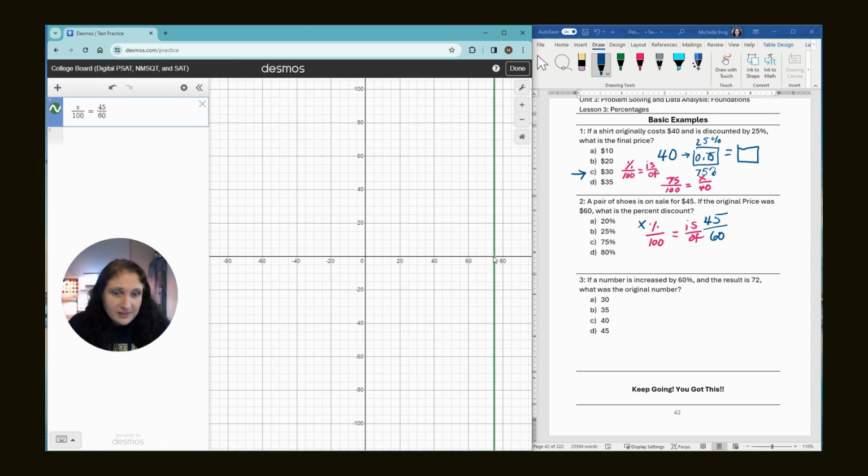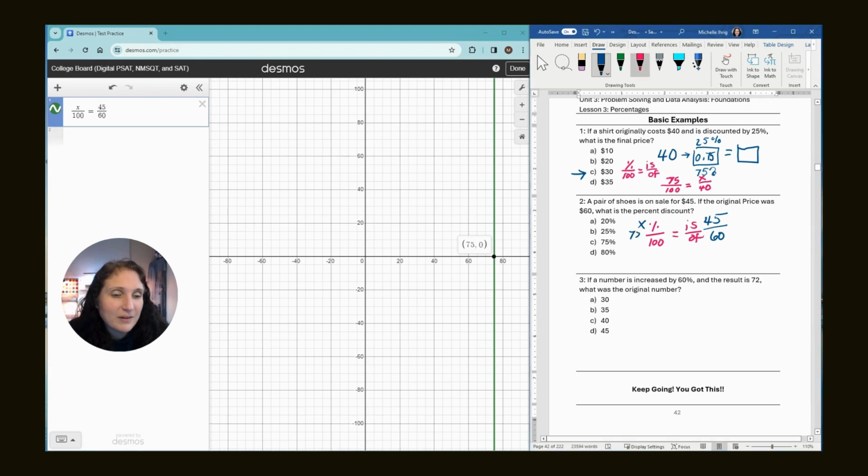There we go. 75. Ooh. Nope. Guess what we did? 75% is how much they paid for it. So they paid 75%. So what was the discount? 25%. That was the percent discount.